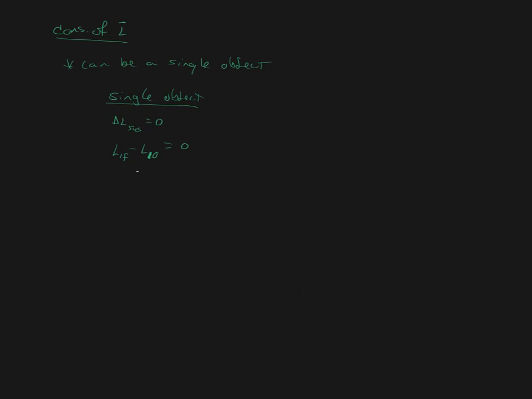When it's only a single object, we tend to drop the 1 as a subscript. But what we know is this: L initial is going to be equal to L final, even for a single object.